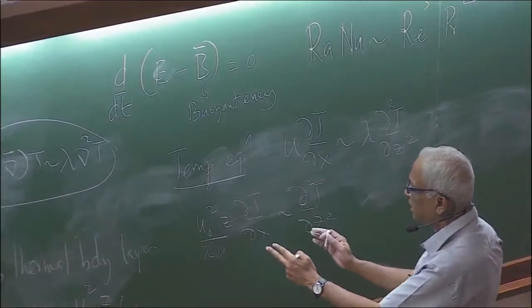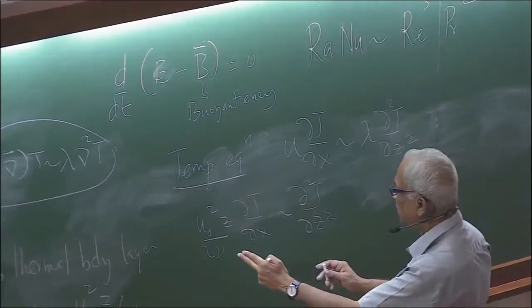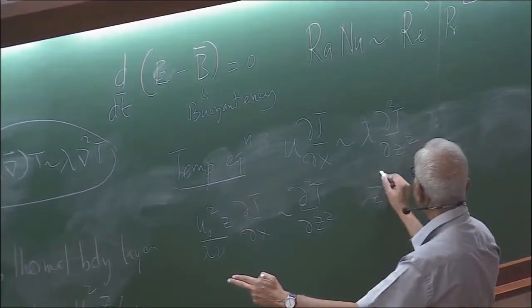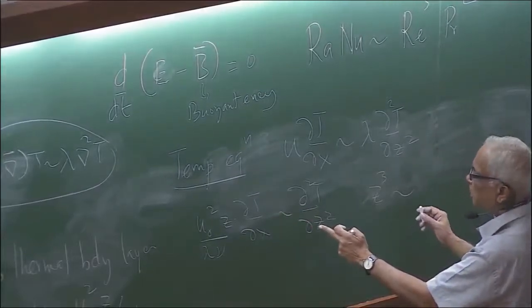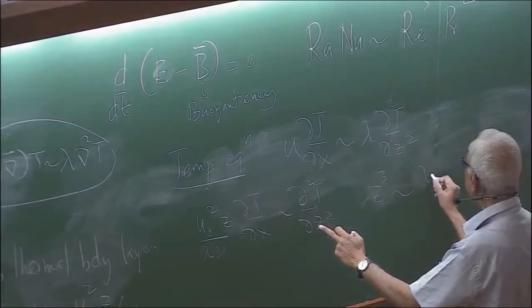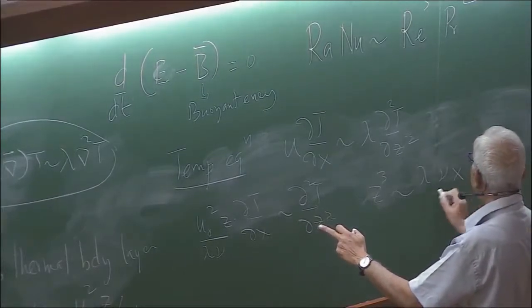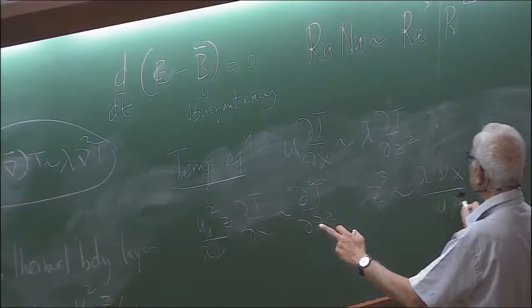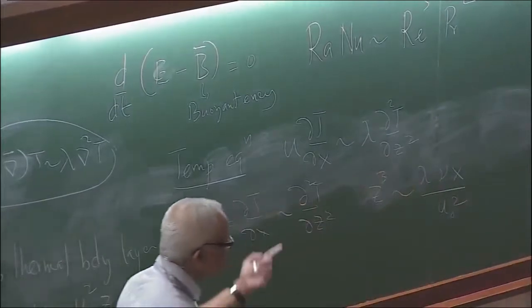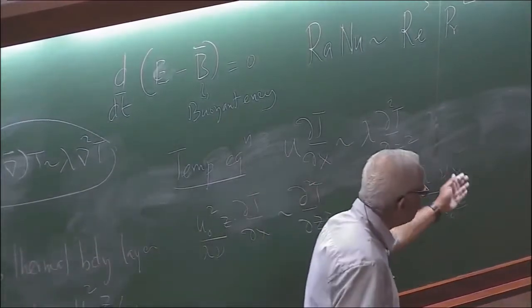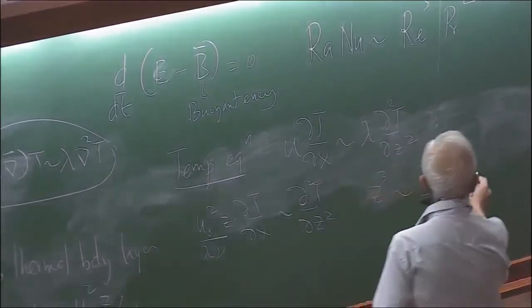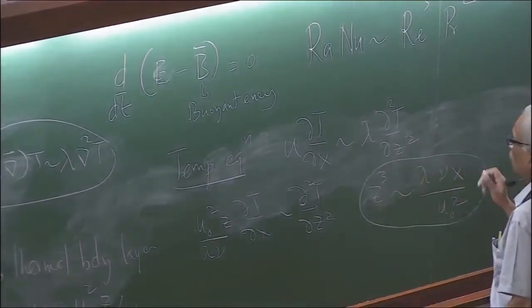So the scale that you are essentially looking at, z cubed, has to be compared with lambda nu times x divided by u0 square. So that's the comparison scale, the scale of z and the scale of x are related by this relation over here.